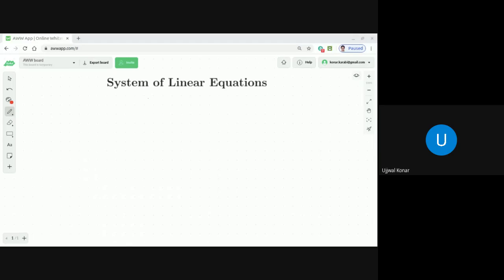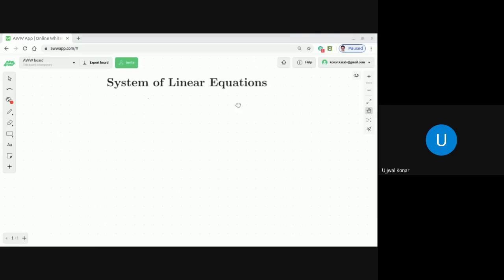To explain this, first let me take an example. Once I take an example and explain things, it will be very easy to understand. After that, we will go to the theory, and you will find that things are pretty quite understandable.